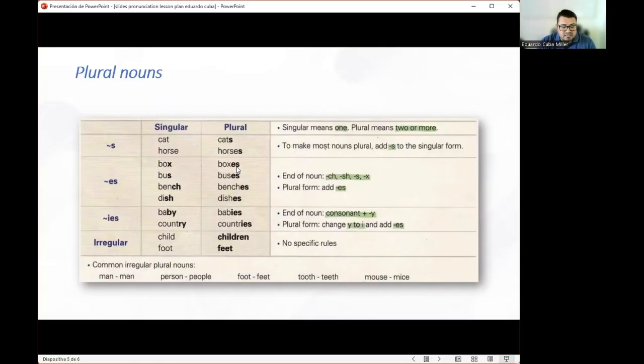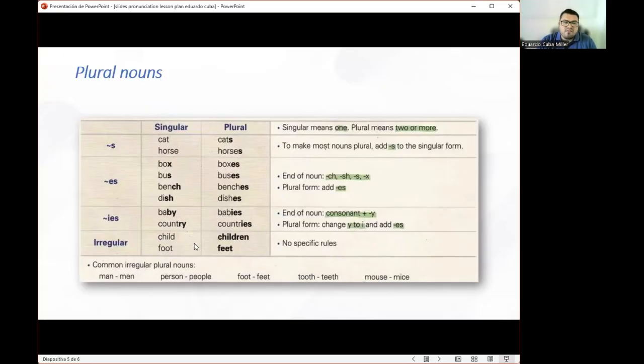So we got boxes, buses, benches, dishes. Correct. What if my noun ends in consonant Y? We're gonna change the Y for an I. And then we add the ES. Like, for example, babies, countries.